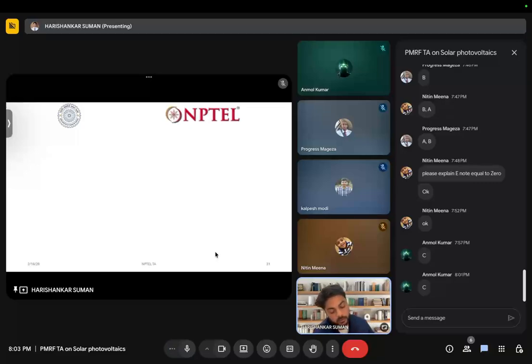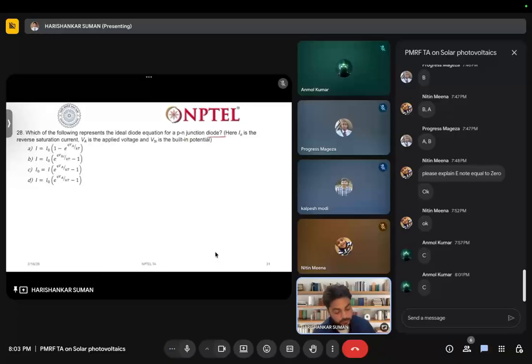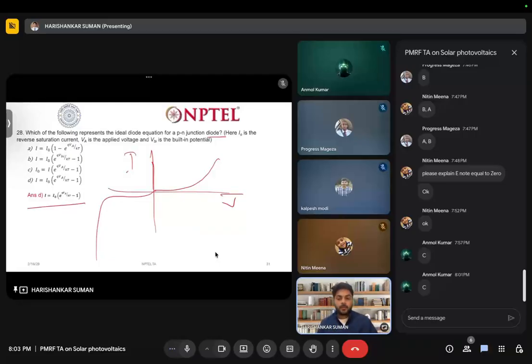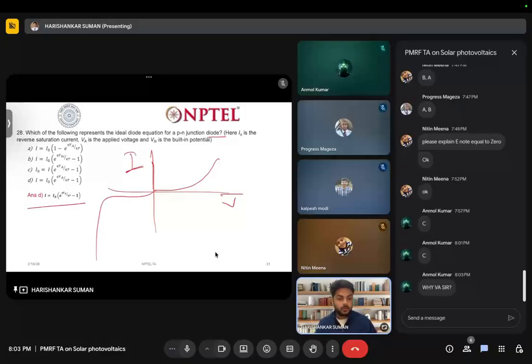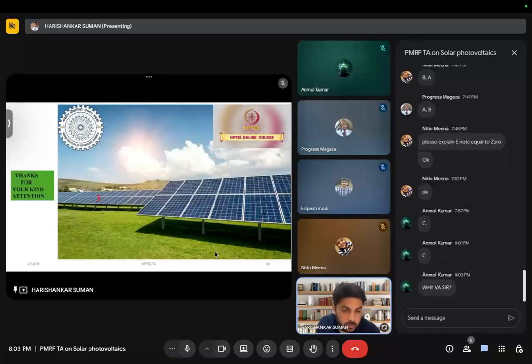Which of the following represents the ideal diode equation, the PN junction diode equation? So this is the answer, the diode equation. Please remember this equation, and it is given to you with V and I. Here V is the applied potential, whatever we apply on the junction.